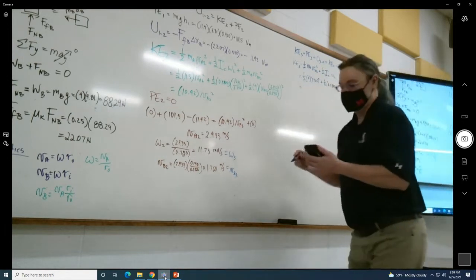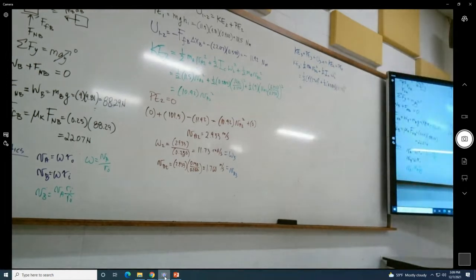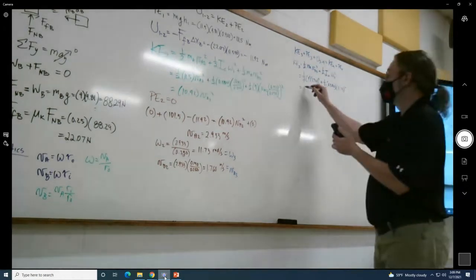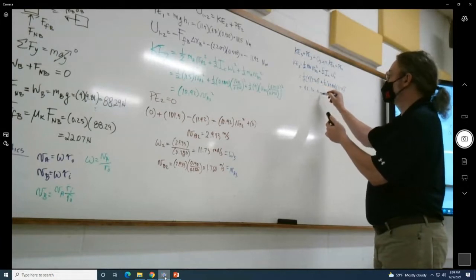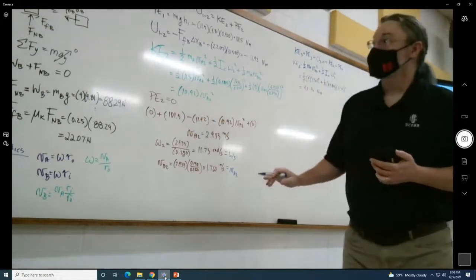I've actually in my head made this a much more complicated problem. I don't know if I'm going to regret it, but that's okay. All right, so it's 11.73 squared. So I have 40.16 Newton meters as the kinetic energy.